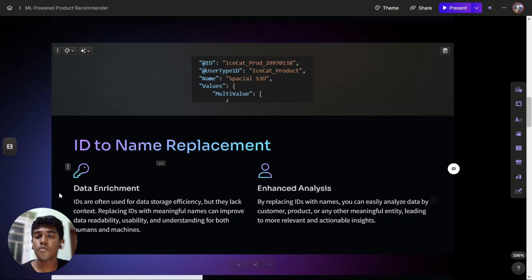I'm doing this for data enrichment so that it becomes much more readable and understandable for later processing. This plays an important role in seeing which products are linked with which other products in a more semantic way. So I'm doing this replacement here.